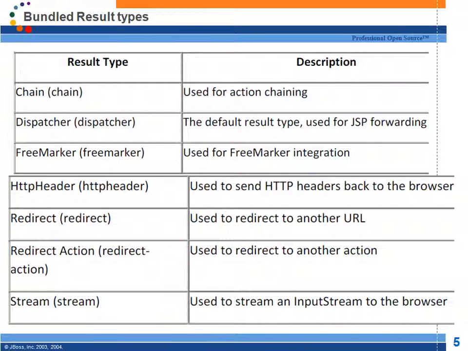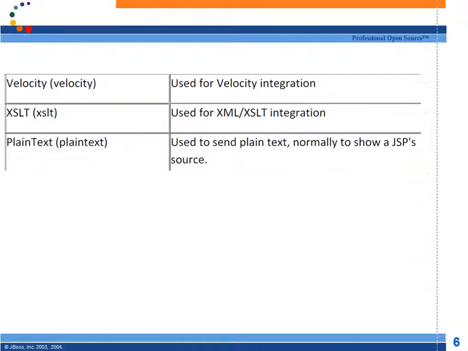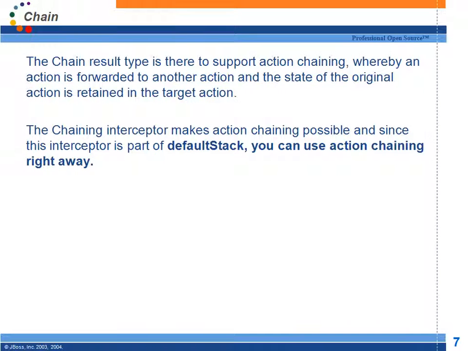These are the various result types. You know about a result type called dispatcher. I'll tell you the important ones one by one. Chain. See when a chain should be used. Chain result type is there to support action chaining. As I told, action 1 should call action 2, action 2 should call action 3.